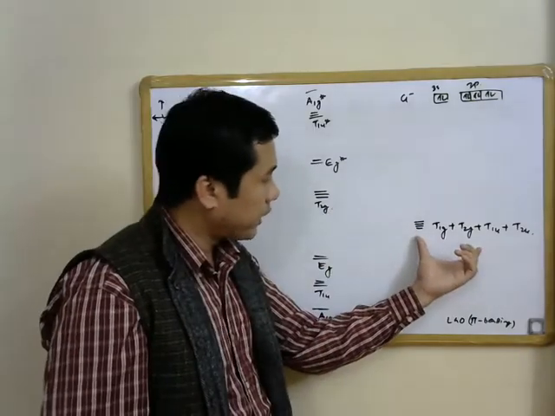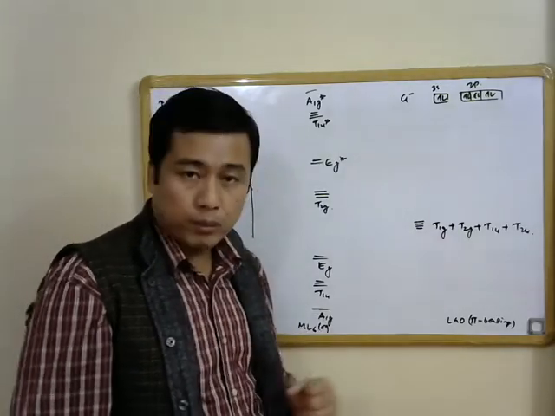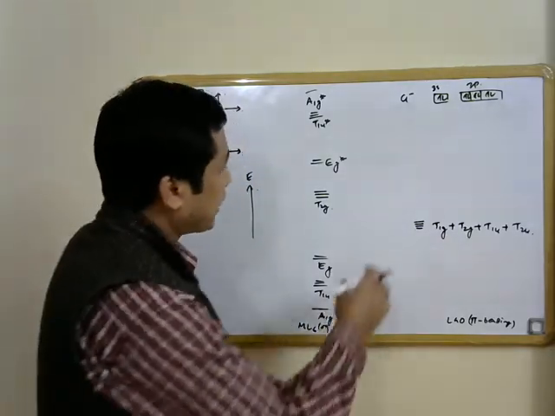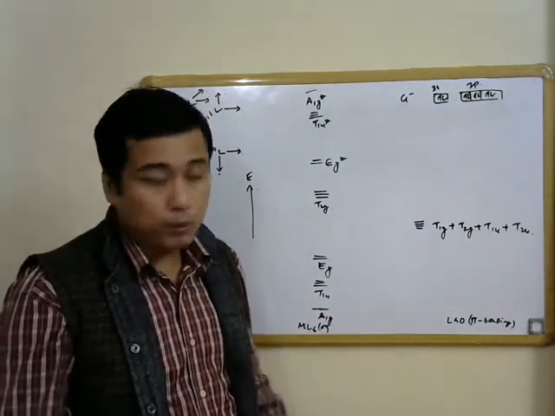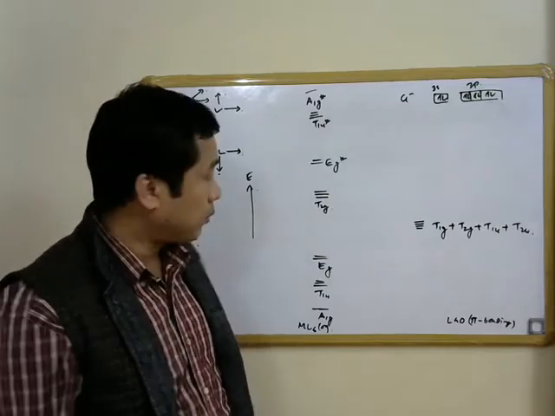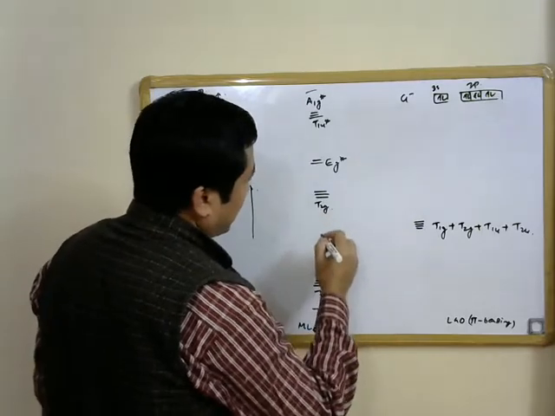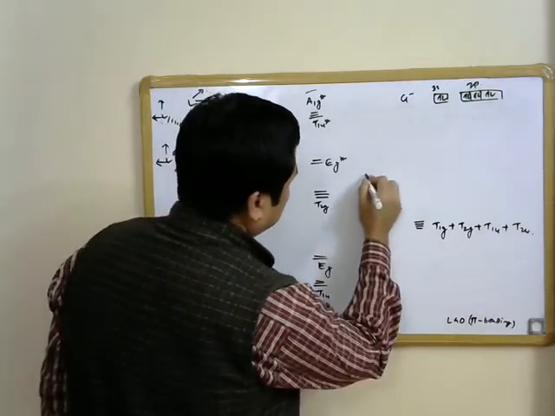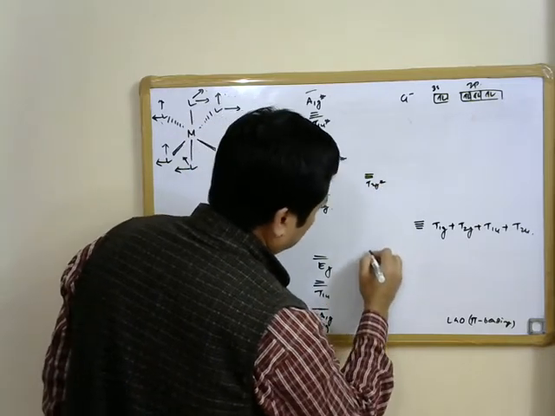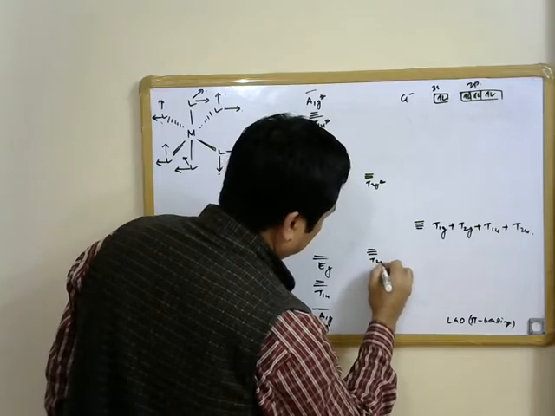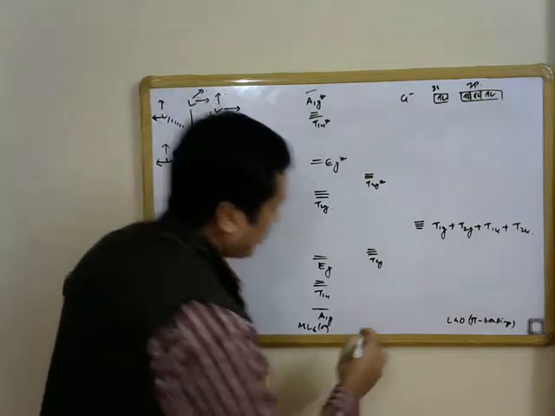We have a ligand group orbital with T2G symmetry here, which can form pi bonding, and that is why there is going to be interaction between the metal d orbital and the pi ligand group orbital to form pi molecular orbitals, and this will essentially lead to formation of T2G star and T2G bonding.